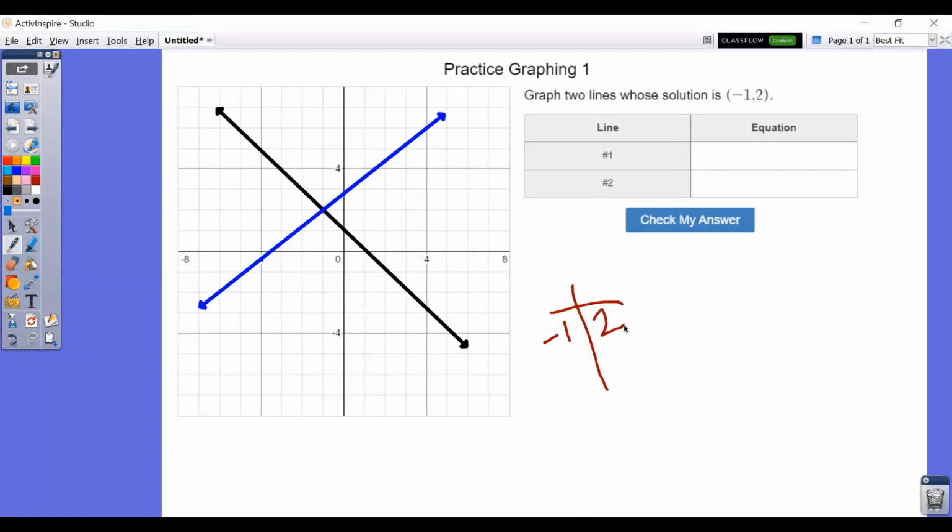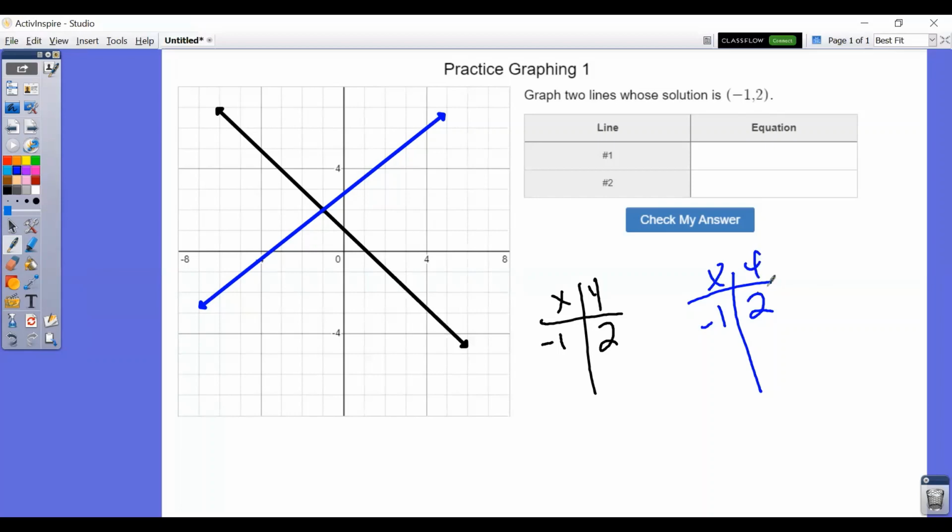So both of the tables will contain the point (-1, 2), okay? And I'm going to make this table with black ink, that way you know which ones are which. So this one would have x and y, -1 and 2. And this one would have x and y, -1 and 2.